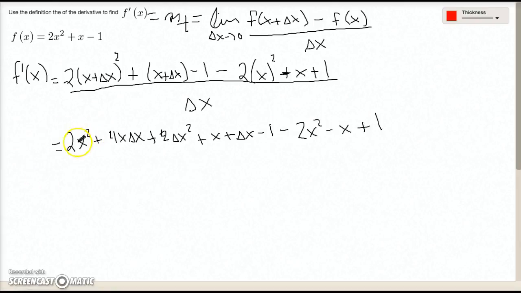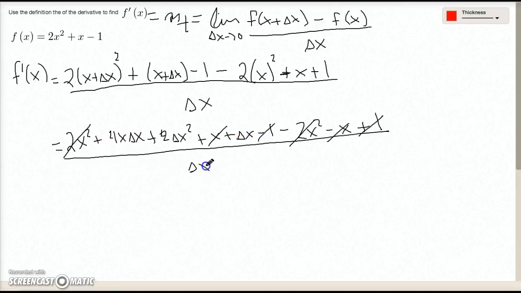So we can begin to see some pattern here. We can cancel 2x minus 2x. Is there anything else? The x minus 1 plus 1. And all the terms have delta x left. This is all over delta x. So keep moving on.